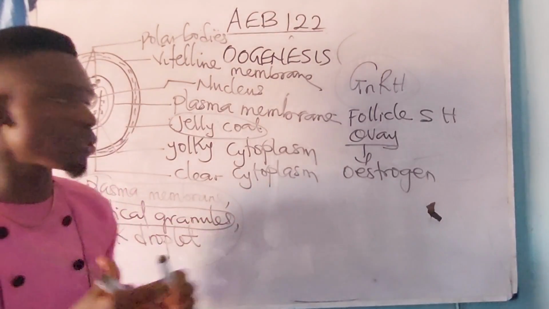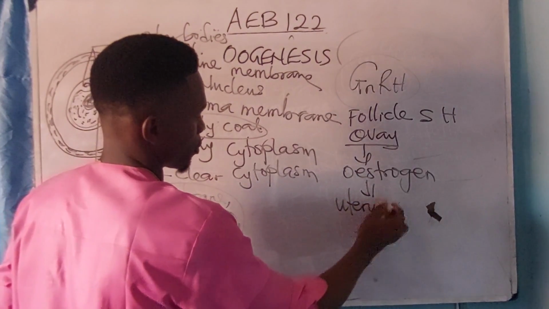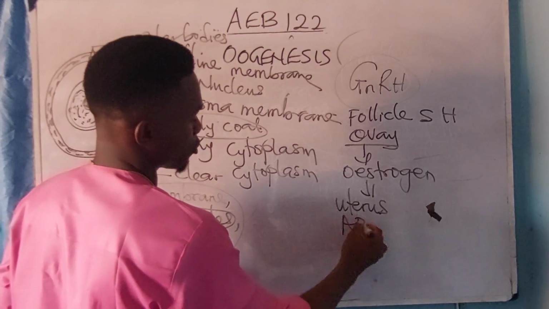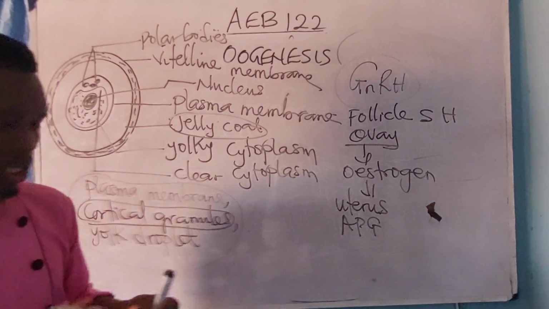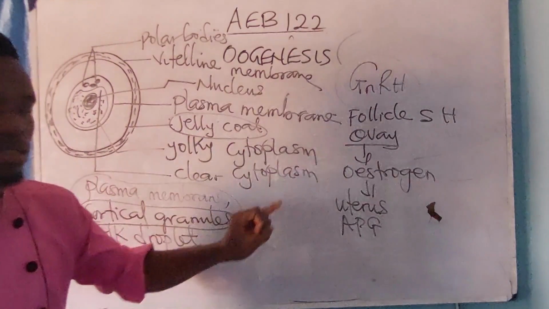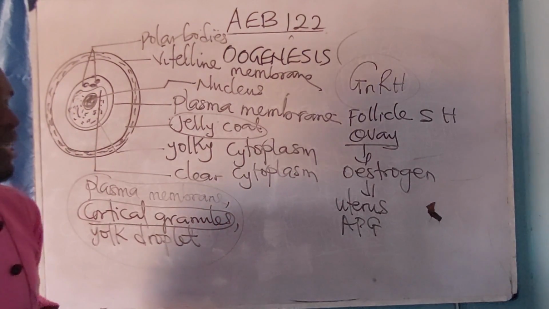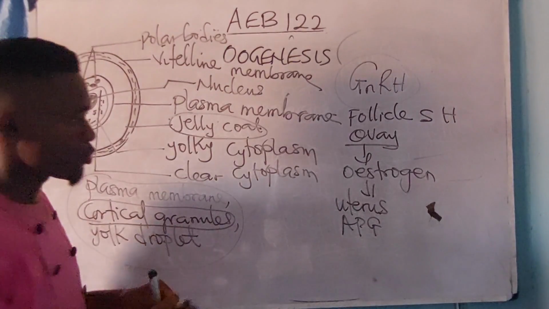Now the estrogen is produced. There are two targets of the estrogen. One, the uterus, and what? The anterior pituitary gland. These are the two targets of what? The estrogen. As soon as it gets to where the estrogen is, it stimulates it, repairs it, and enhances the development of the lining of the uterus called what?